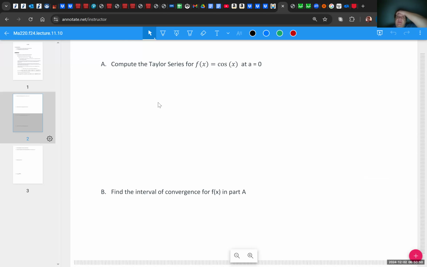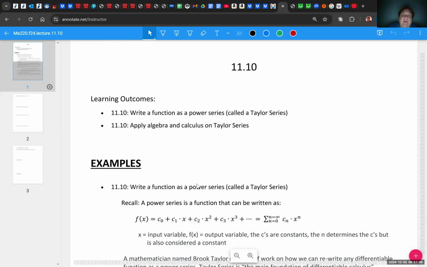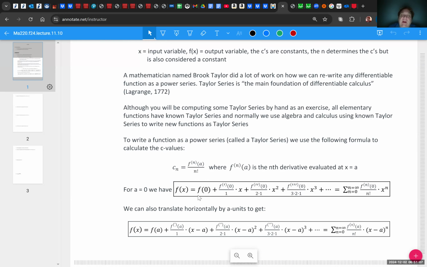All right, so my first example is compute the Taylor series for this function, cosine x, at a center point of 0. For this problem, we're going to use our formula from the previous page, but you're just learning this, so you may not remember all the things. Essentially, the way I'm going to have you think about it to help you remember is we did in a previous section a local linearization.